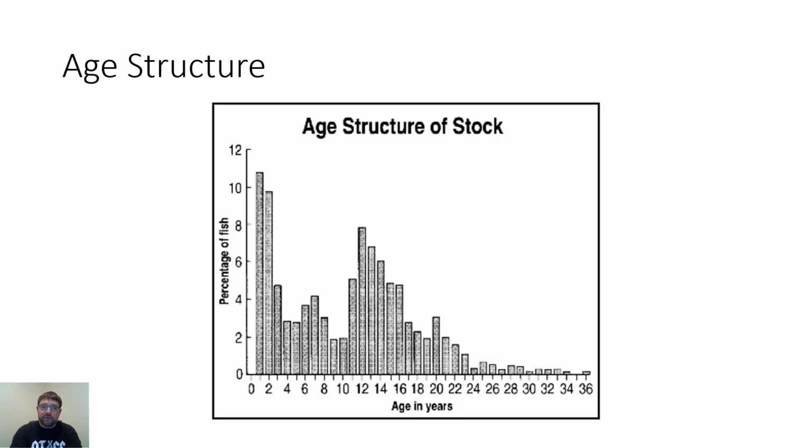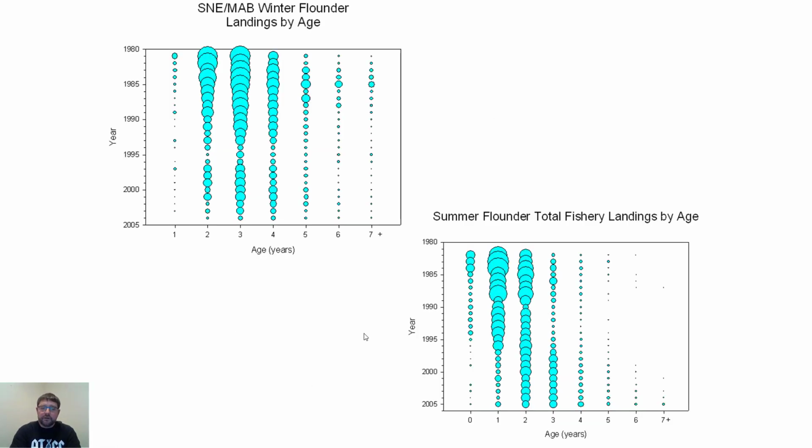If we can age the organism, and with fish you can age per year. Other organisms like deer, elk, and birds, you typically have to lump into groups of ages. But with fish, you can age them out per year, and you can get a better structure of their age. So here's another thing that you can examine.